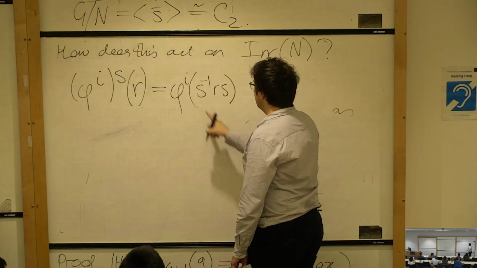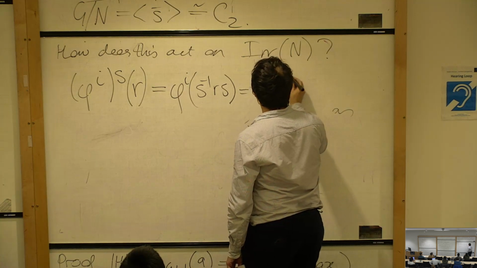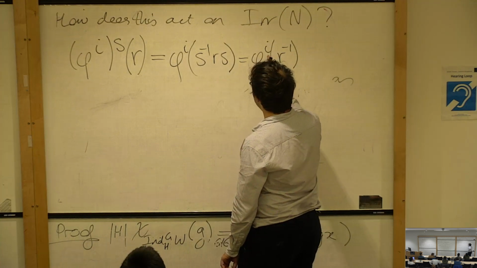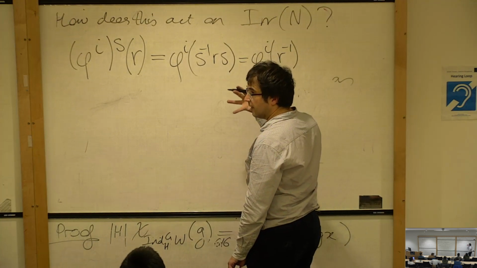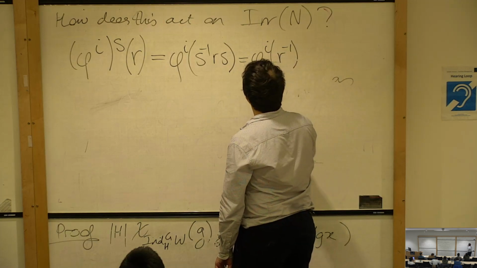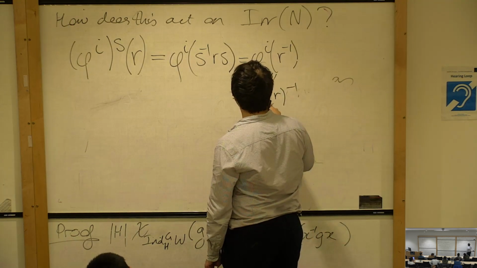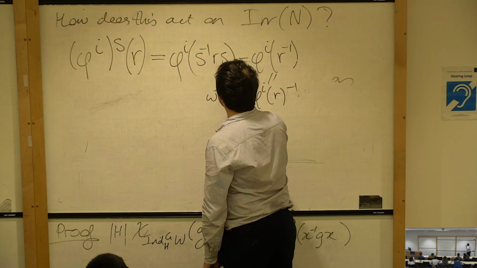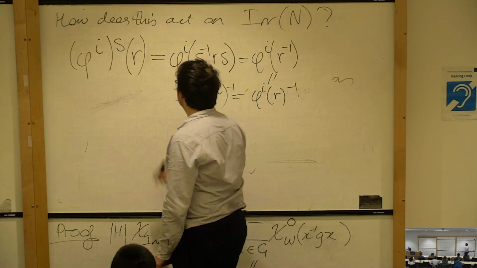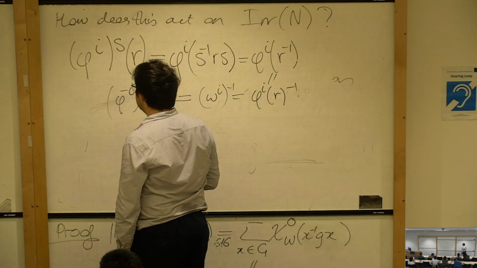it's this, but conjugation by S inverts R. And these are actual group homomorphisms because they're linear characters of degree 1, so I can pull out the inverse. And phi to the i sends R to omega to the i, then I have to invert it, and so this is equal to omega to the minus i, working mod 2m plus 1, obviously.